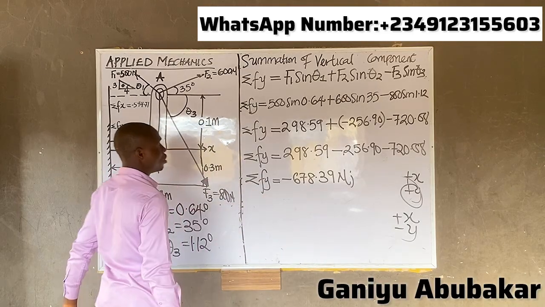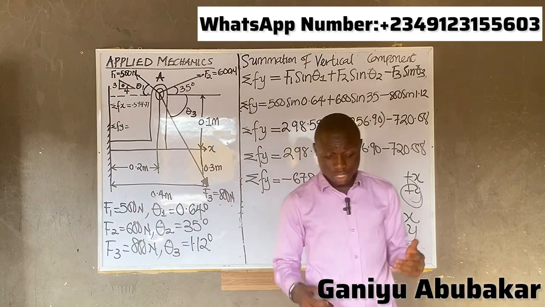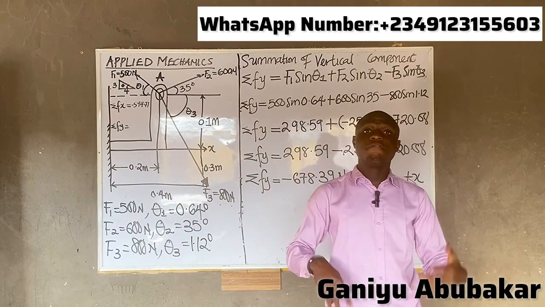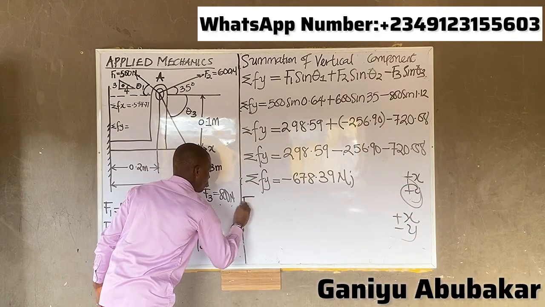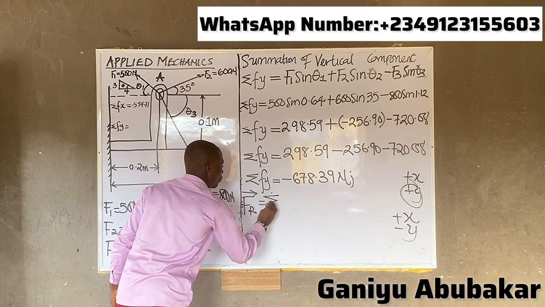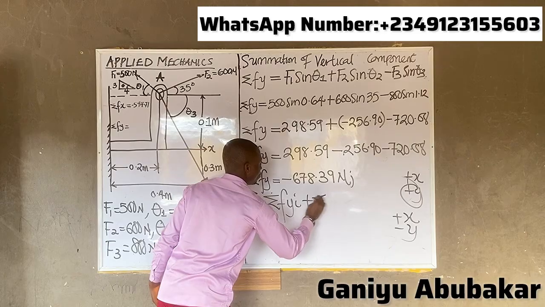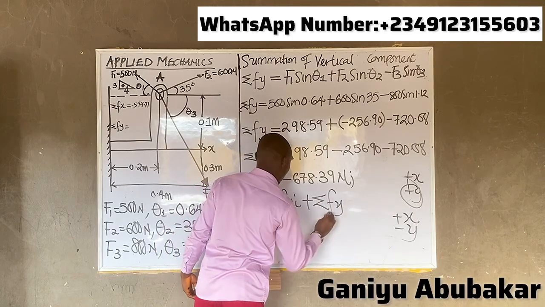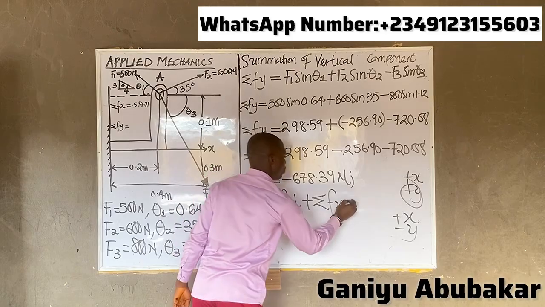So let's get the resultant vector. The resultant force in vector form. And we said the formula is given by F_R equal to summation of F of x i plus summation of F of y j.